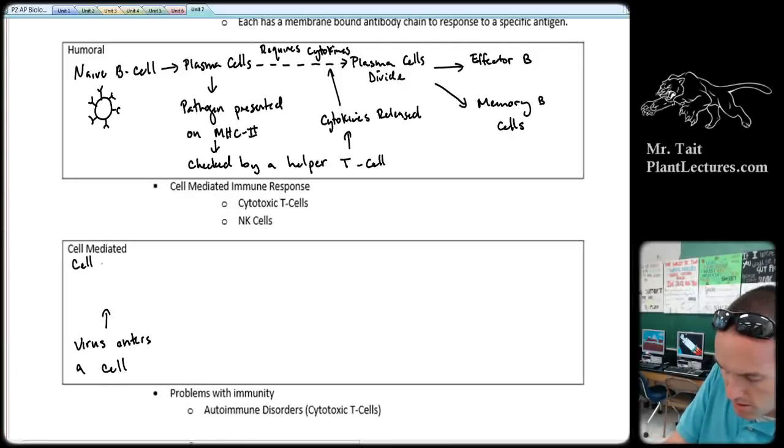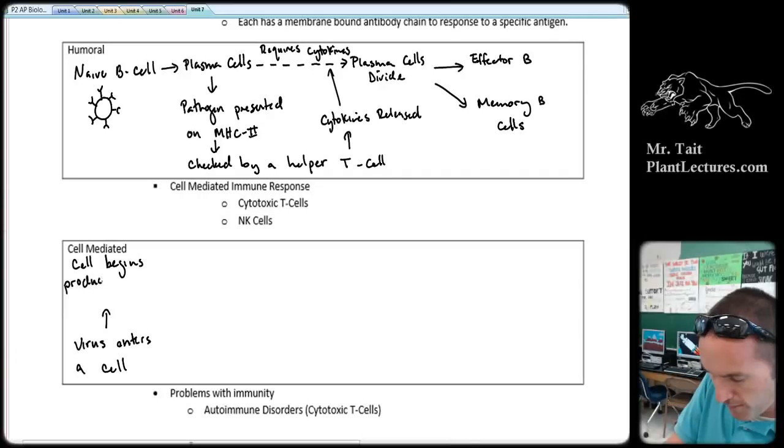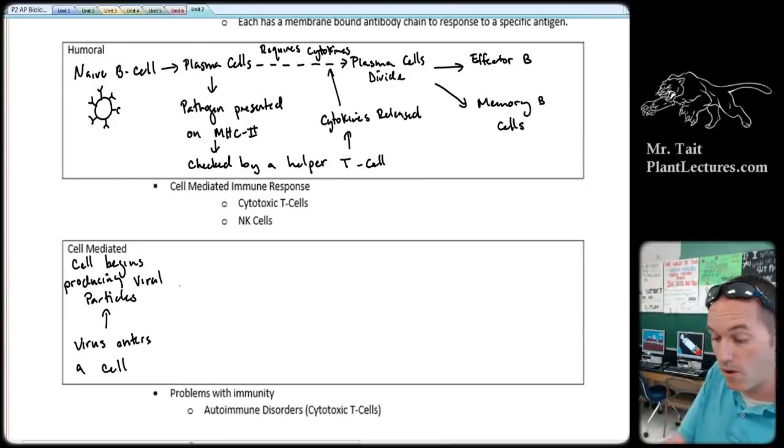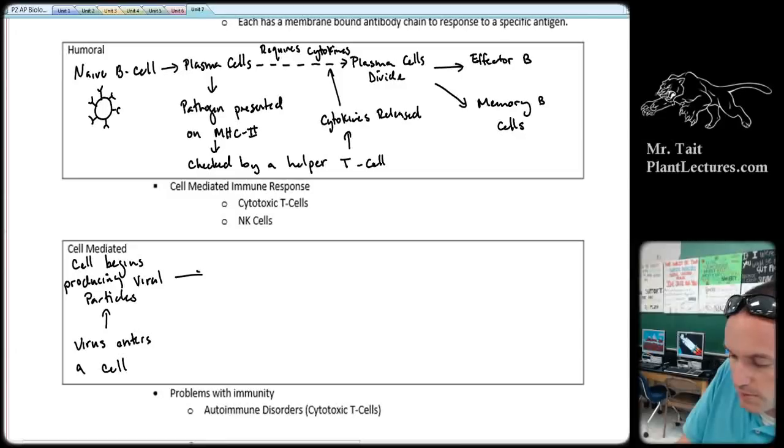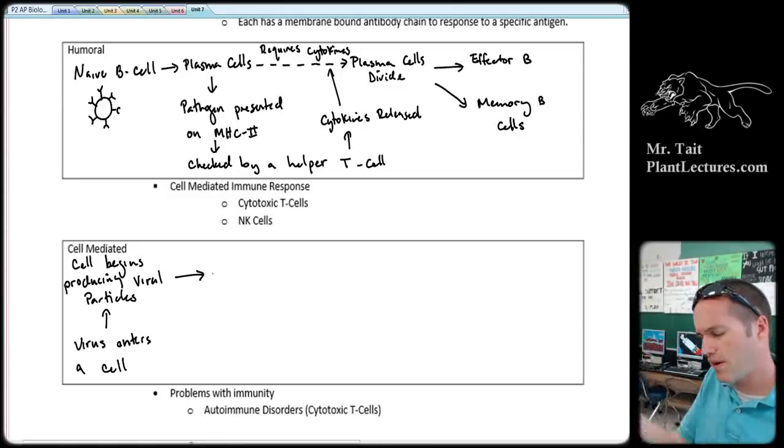So the cell begins producing viral particles. Well, the cell doesn't know that it's doing anything wrong, right? The cell doesn't know that it's producing viral particles. It doesn't know where the instructions came from for any particular protein that it's producing, and so it doesn't think anything's out of the ordinary.